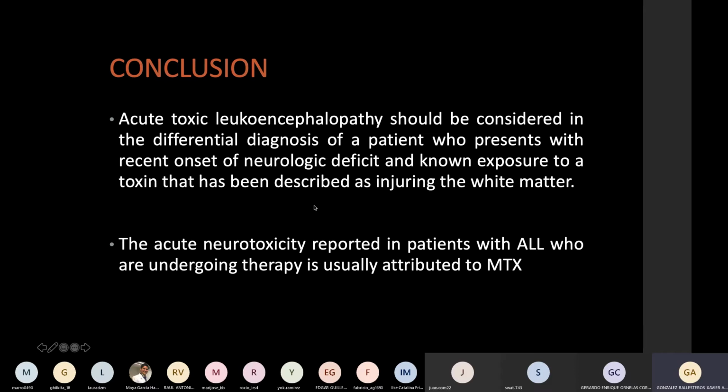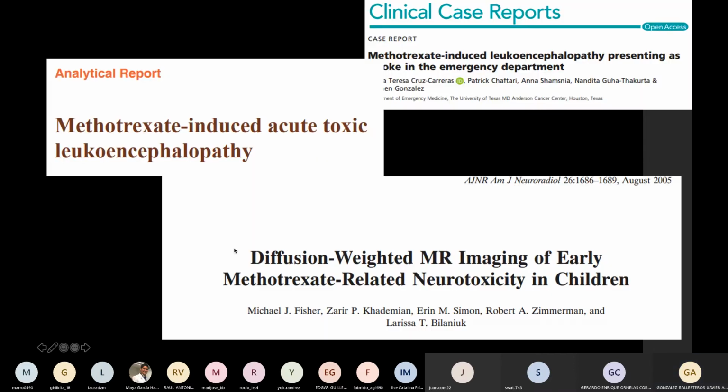Acute toxic leukoencephalopathy should be considered in the differential diagnosis of a patient who presents with recent onset of neurologic deficit and known exposure to a toxin that has been described as injuring the white matter. That's all.